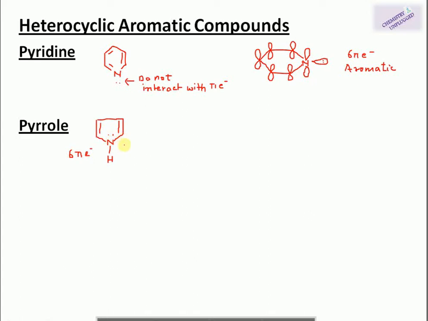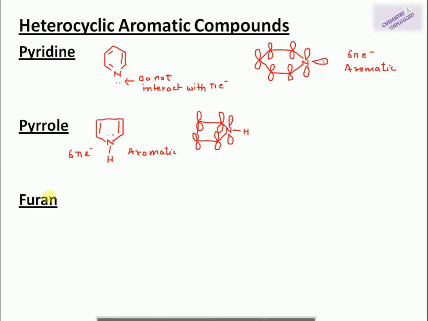If you want to write down its structure, then this will be the structure of pyrrole. The bond with hydrogen is in the plane, and the lone pair containing orbital is parallel to the p orbitals, so it can interact with these pi electrons. So it is a 6 pi electron system and aromatic in nature. Next we have furan.